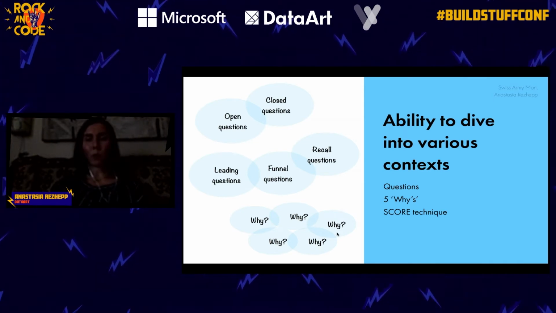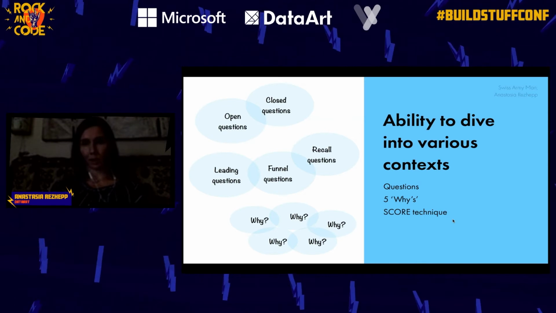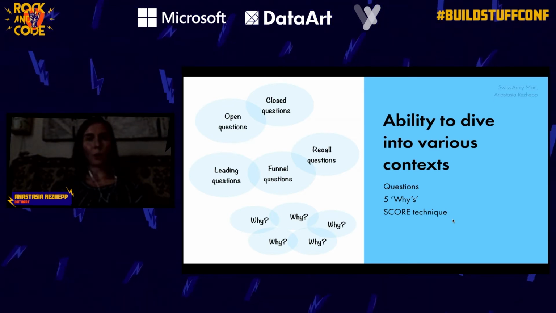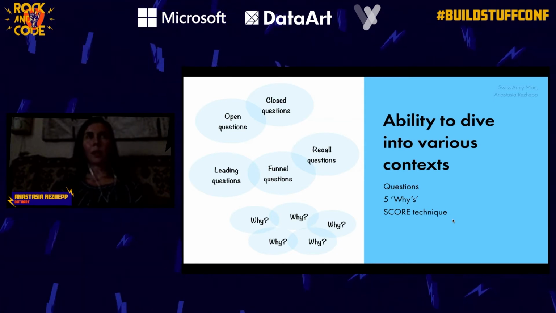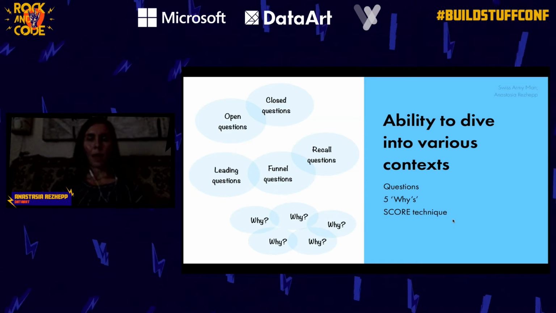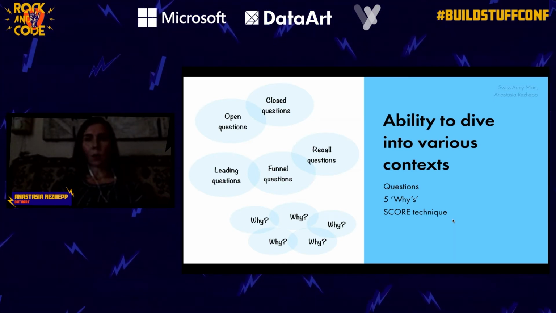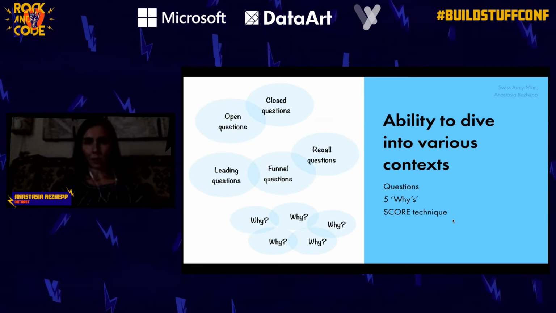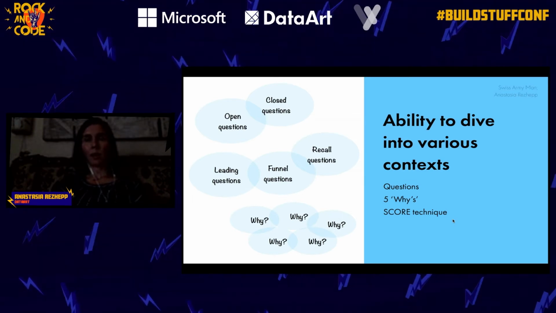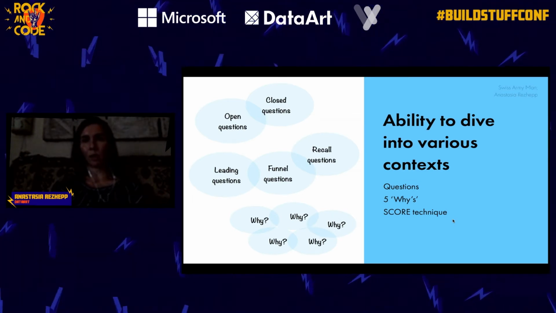And there is one more technique that I can mention here. This is the SCORE technique. Mostly it's not about the new domain, but it's really useful when you want to understand a problem in general. The abbreviation comes from symptoms, causes, outcomes, resources, and efforts. I think you all had this situation when you go straight away from the symptoms to the resources.